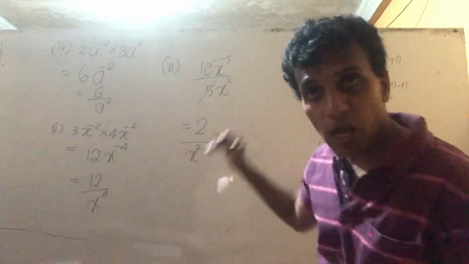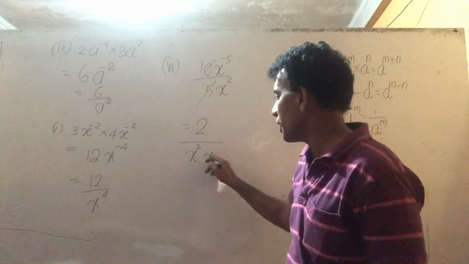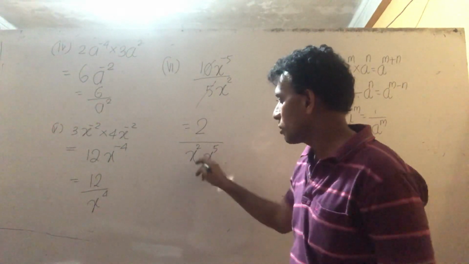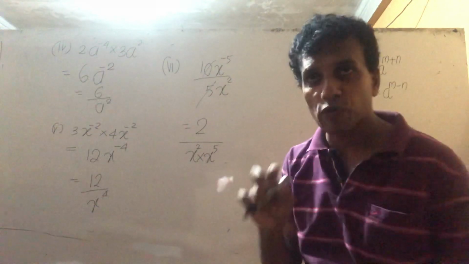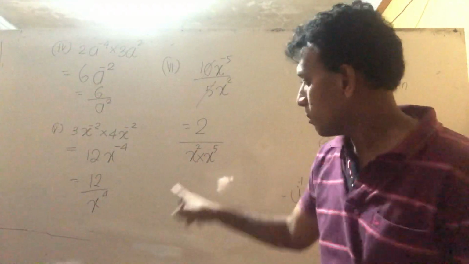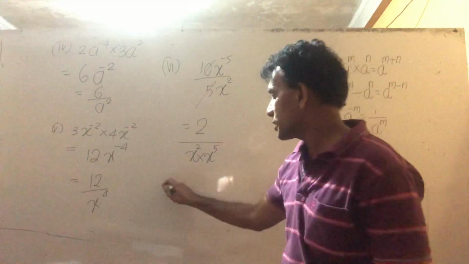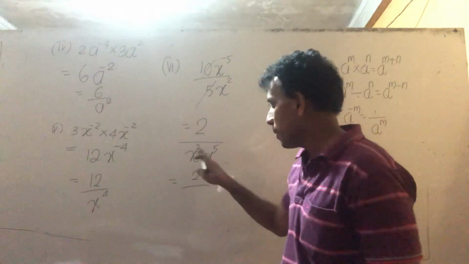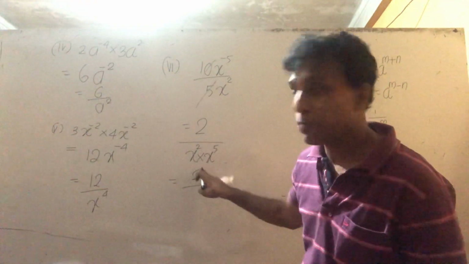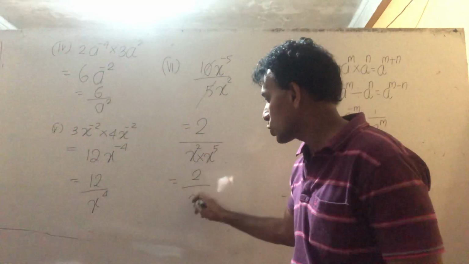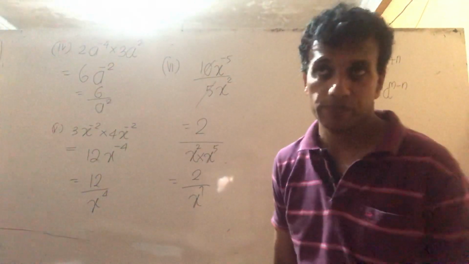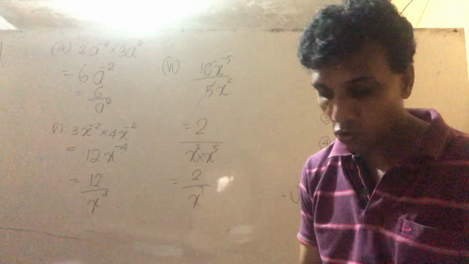This minus take down. So x to the power 5. So better put a multiplication. Study how to write properly. Symbols are how. Multiplication. So the answer 2 over, bases are same, multiple add the power, x to the power 7. That's the positive index form.